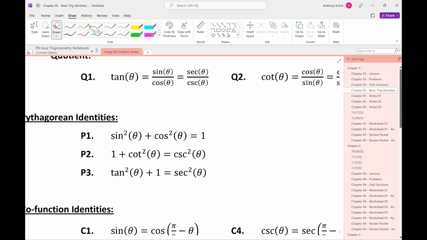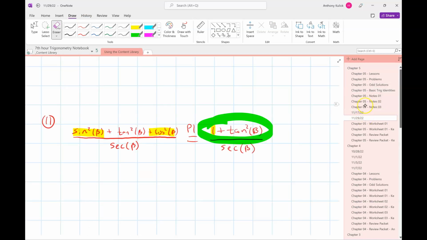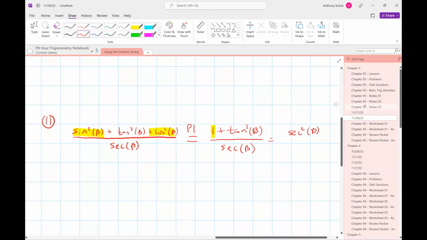Oh, wonderful. So use P3 there to replace this with just that.